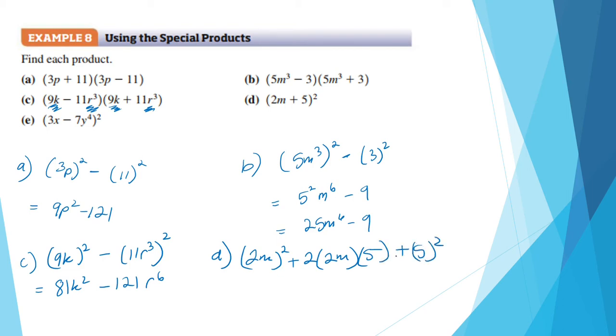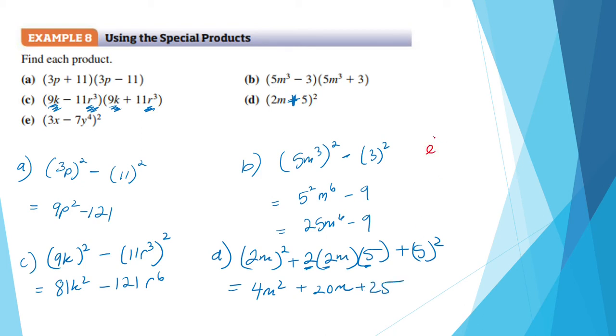This is a different formula because we have an addition between. So you have to be careful to pay attention to the addition between. We're using the other formula now. And of course this simplifies to 4m squared plus, we have 2 times 2 times 5, that's going to give us 20m, and finally 5 squared is 25.